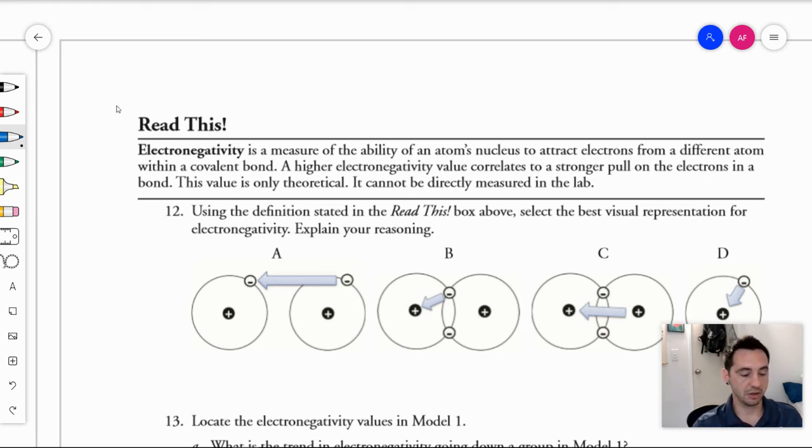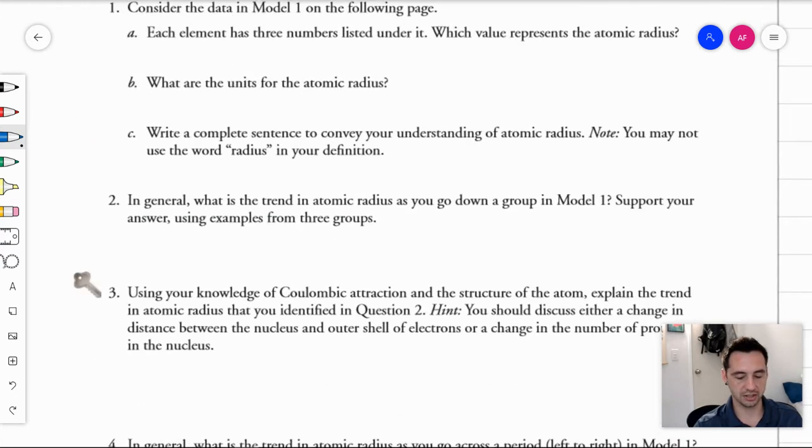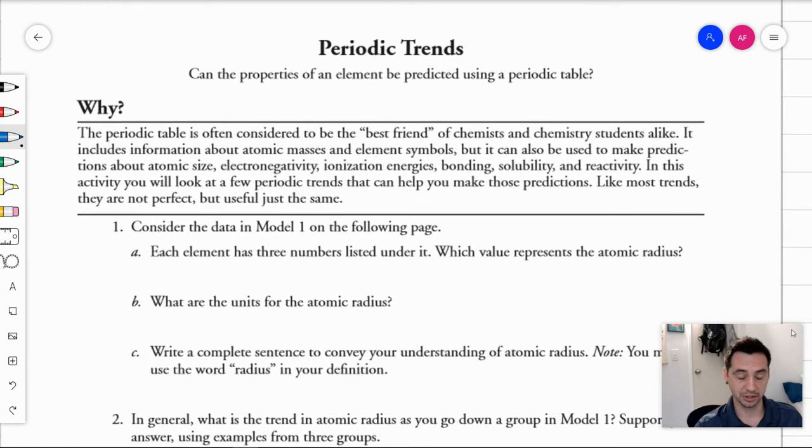Okay, so we're going to talk about each one of those things today as we go through this POGIL worksheet here. These are actually called POGIL worksheets. Pretty cool, pretty interesting. Okay, so let's read this little blurb here. The periodic table is often considered to be the best friend of chemists and chemistry students alike.